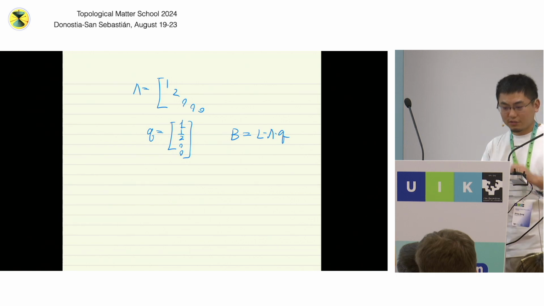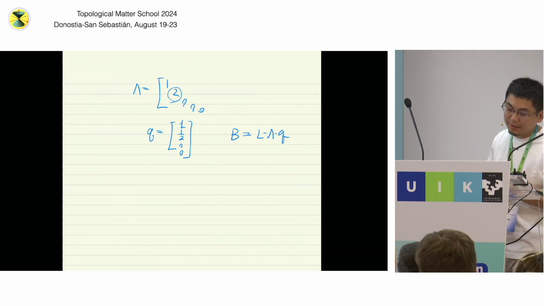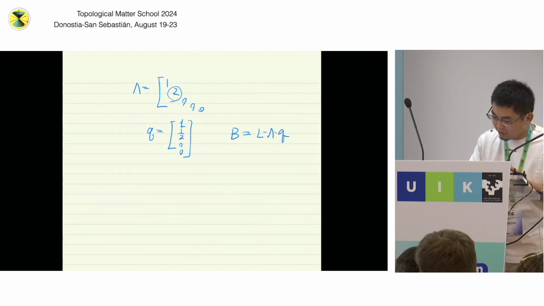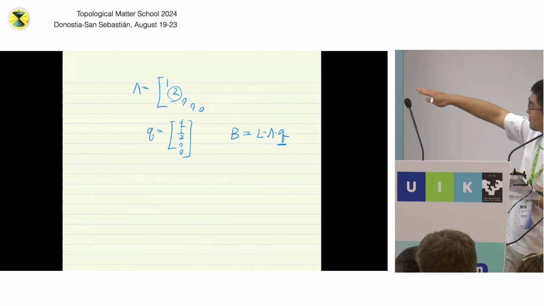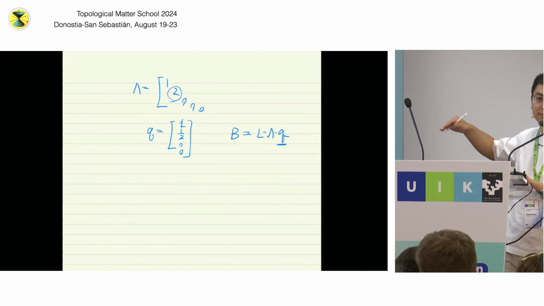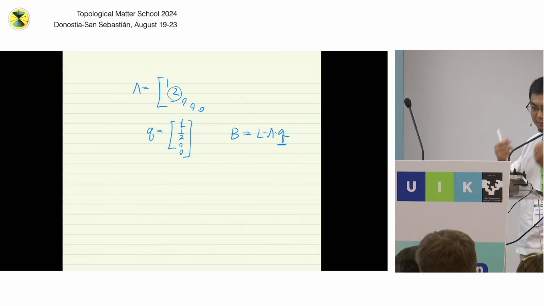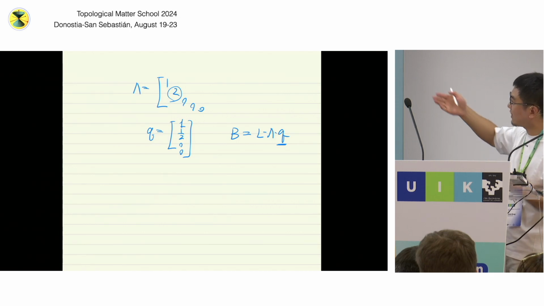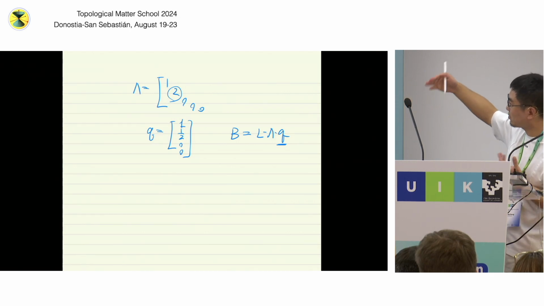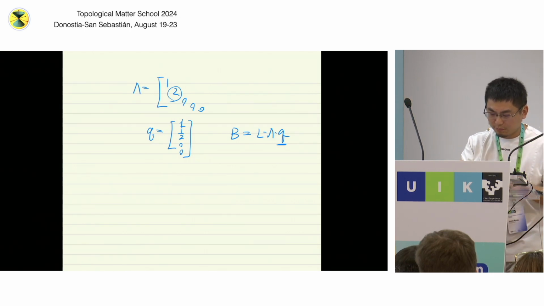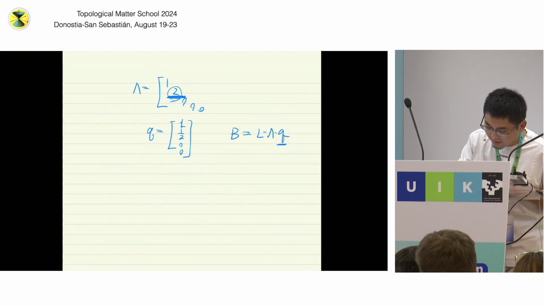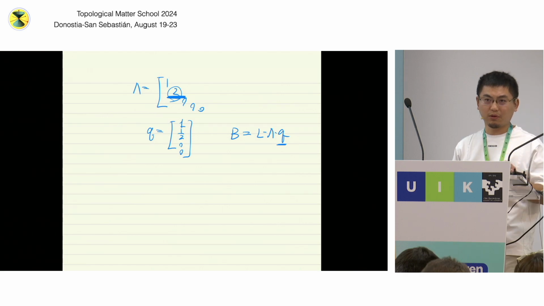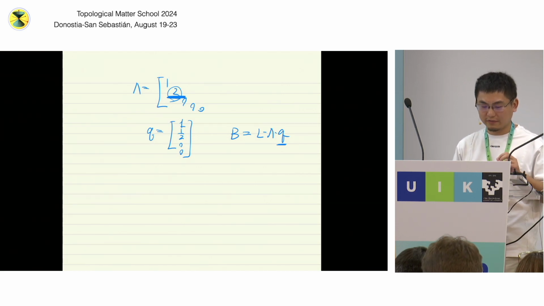So if lambda has an element that is larger than 1, then a fractional Q vector can give an integer B vector. That means for some B vector, it's impossible to find an integer Q solution, but it's possible to find a fractional Q solution. So basically, we notice that these non-identity elements in the lambda matrix are very important for the topological classification.